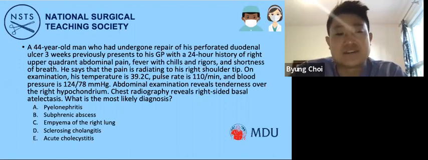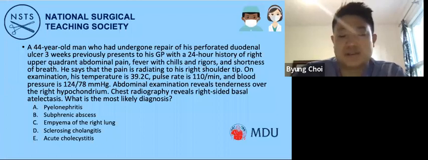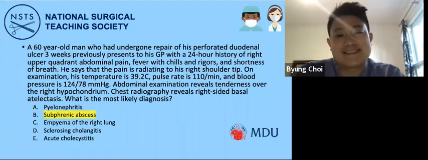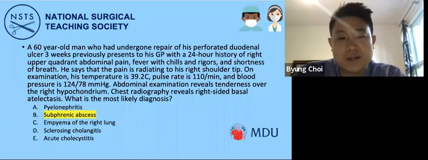Of course, it's entirely possible that they come in with another pathology, but think along the lines of, could there be a post-operative complication that's going on here? And with that in mind, the correct answer here is B, a subphrenic abscess. So well done, those of you who went for that.